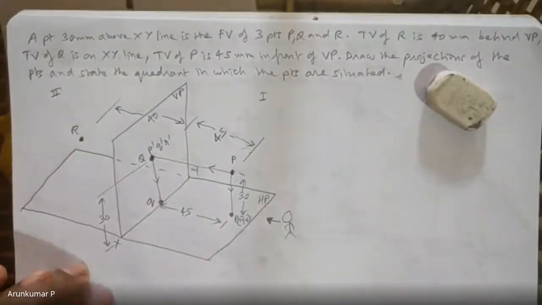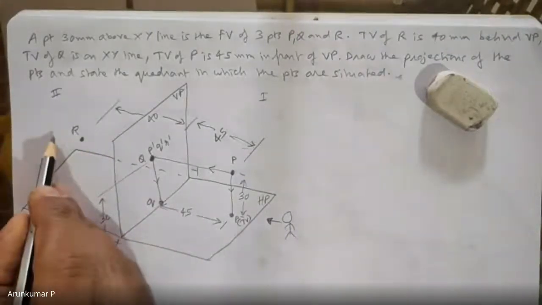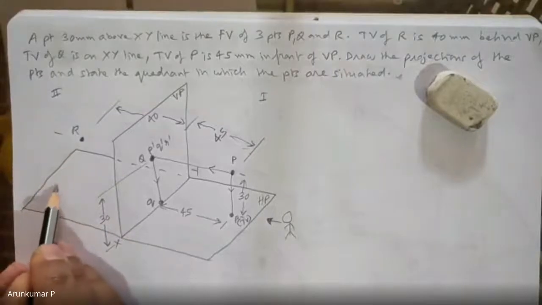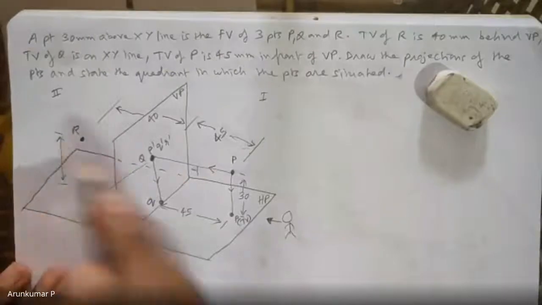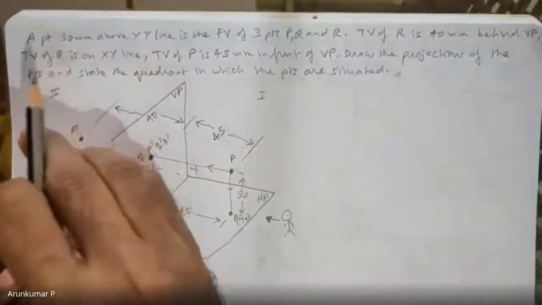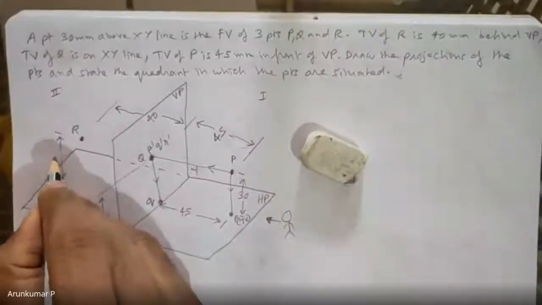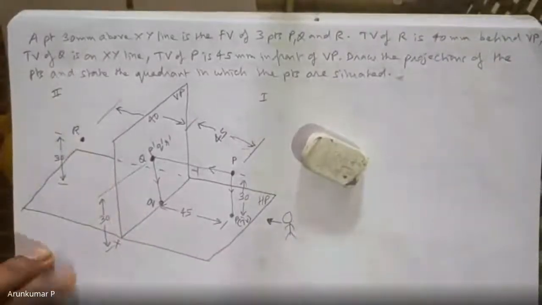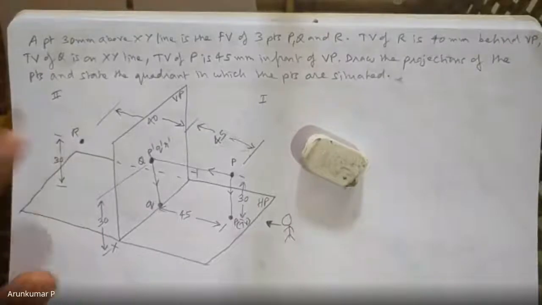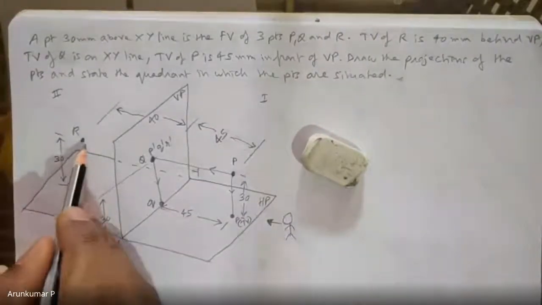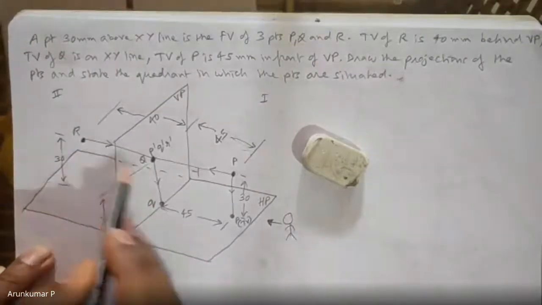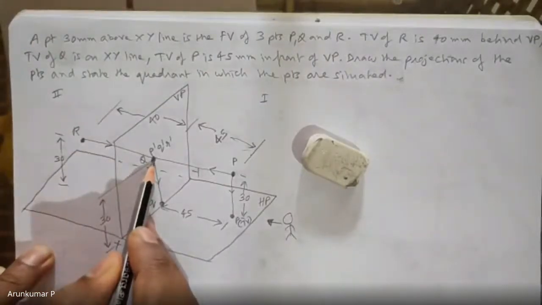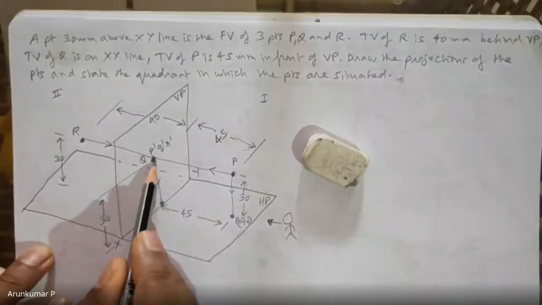Okay. Now, what is this distance? How much is R above XY line or above HP? Any idea? 30. Exactly, 30. Because if you assume this 30, only then you can say that its front view, please observe closely, will be on VP and 30 mm above.